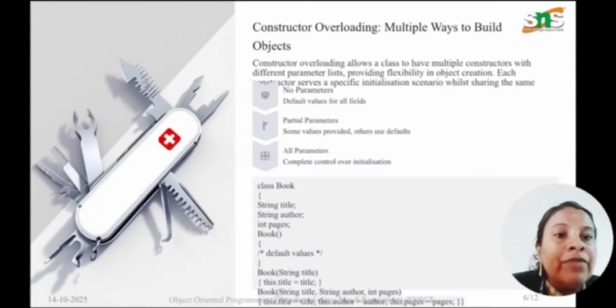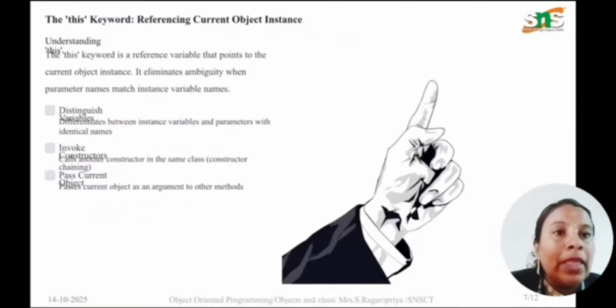Again, we are defining a parameterized constructor using another data type. this.title = title. Here this refers to the current object. Another time we are defining the constructor with the same name, which has multiple parameters. This is known as constructor overloading.